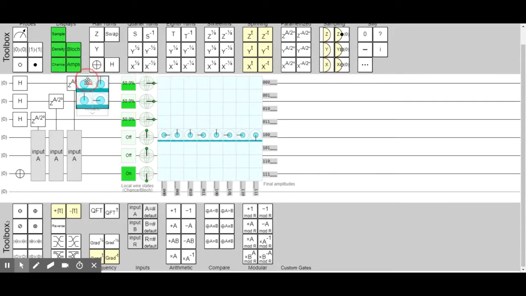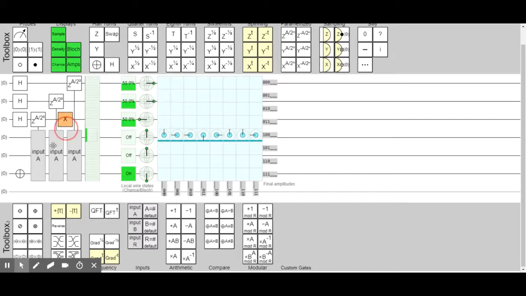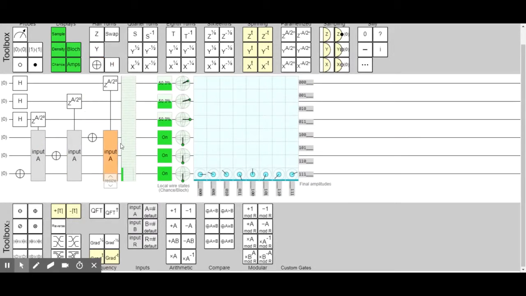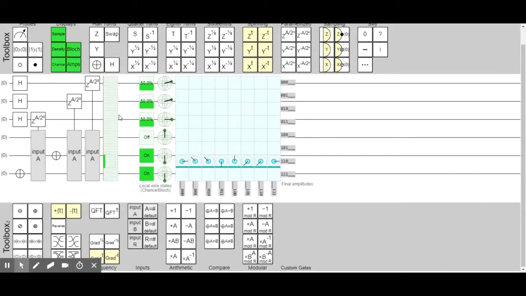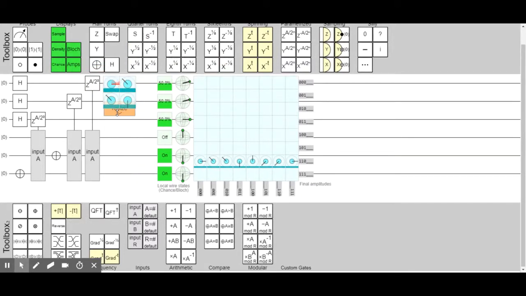What if I just say amplitudes? No, that's what I'm doing. Chance. How does it work if I do that? Because that only shows me the chances, so that doesn't show what I want to see. I think that's the right thing to look at, but I don't know.